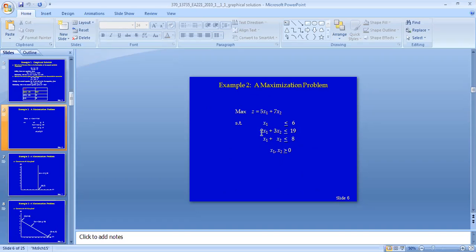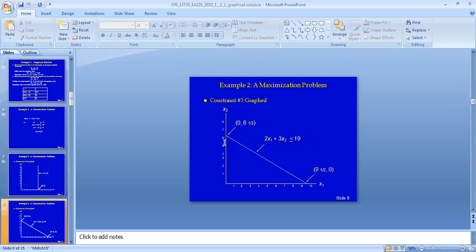But if x1 = 0, x2 = 19/3, which is 6 and 1/3. We can plot this. This is the constraint 2x1 + 3x2 ≤ 19.